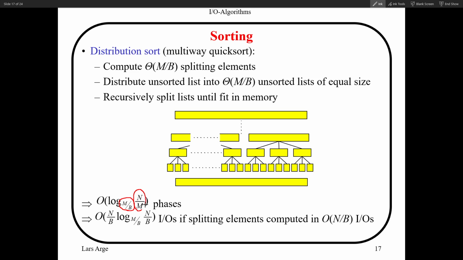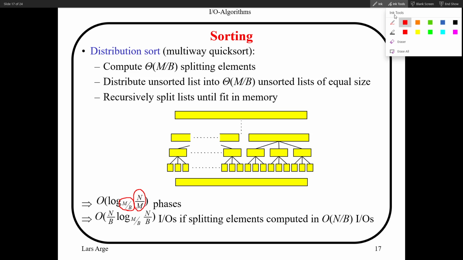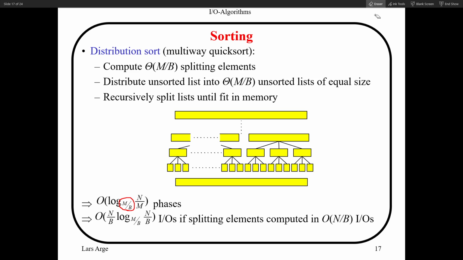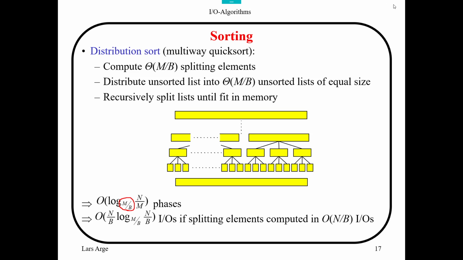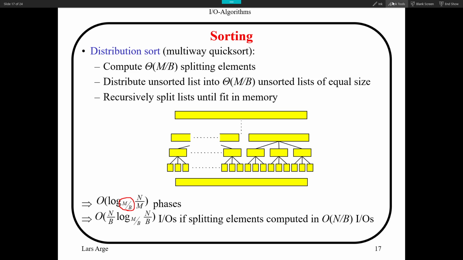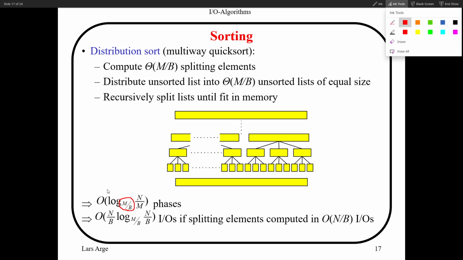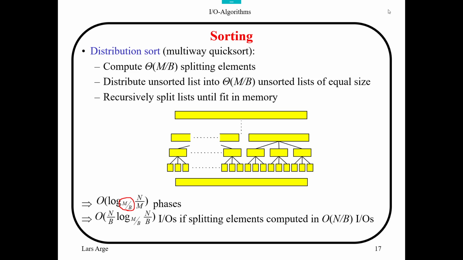And this is when I stop: when the size of the list goes down to M, I stop with my recursion. So therefore, my stopping time is like this.